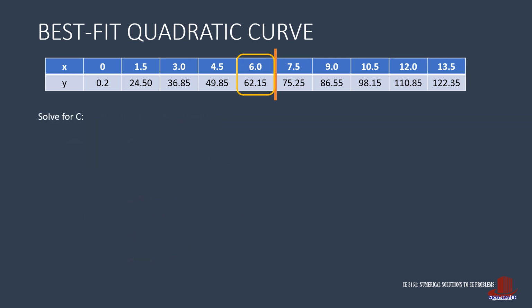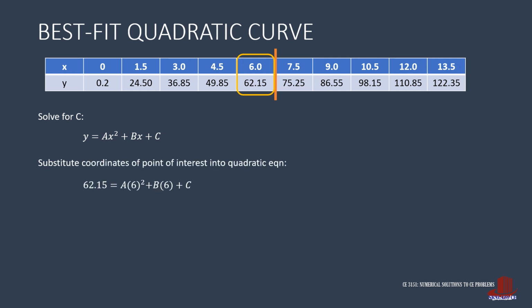To solve for variable c, we are to generate an equation through the quadratic function, where x and y use the point where the curve exactly passes. The third function is then 62.15 as equal to a times 6 squared plus b times 6 plus c. But then we also plug values of a and b.